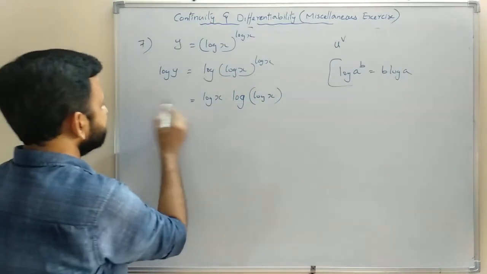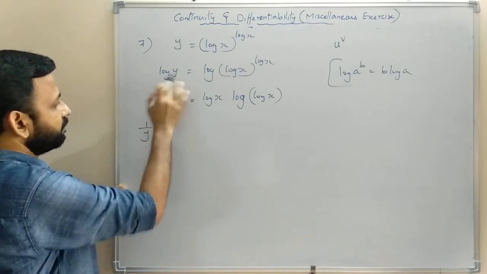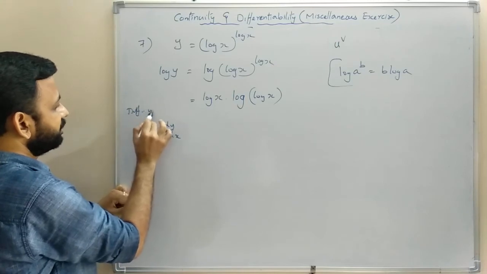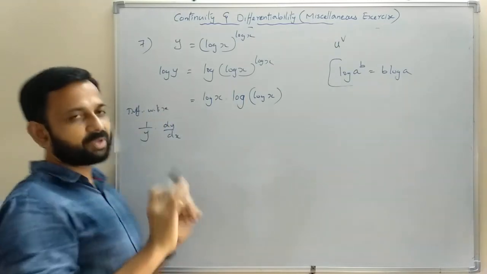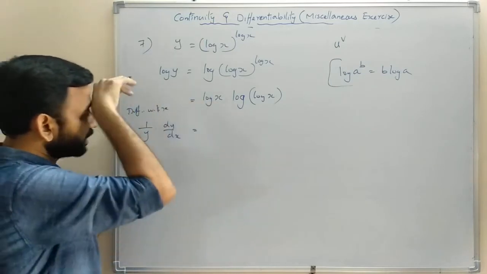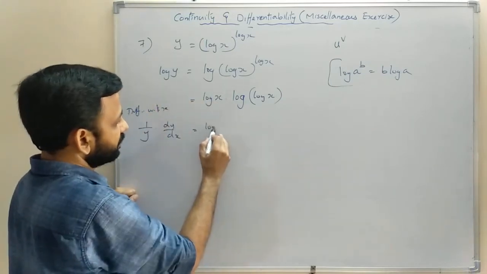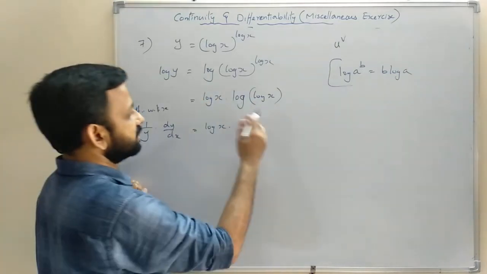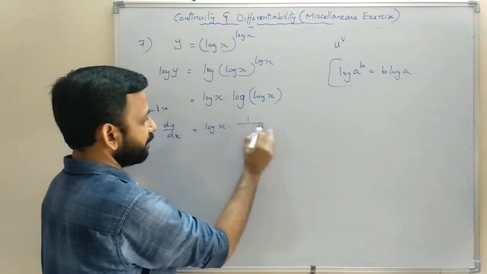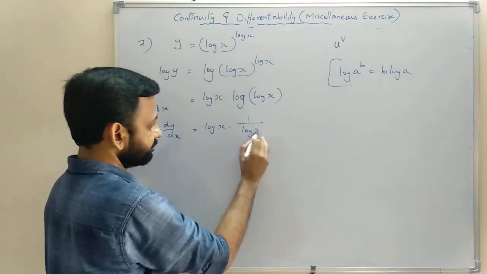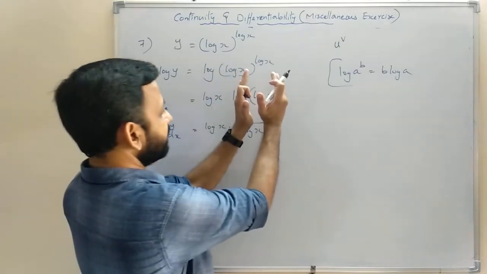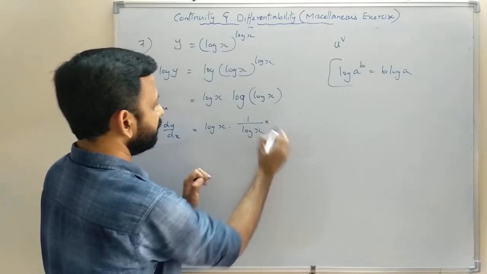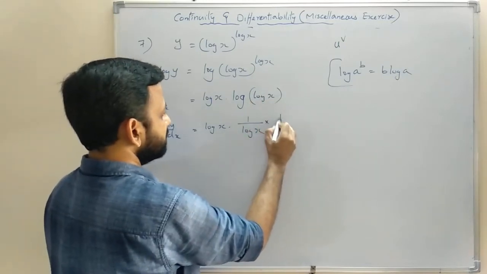Now we can differentiate this one. 1 upon y, the derivative of log y, is 1 upon y into dy by dx. Differentiate with respect to x. Then we have to apply the product rule here. The first function is log x, into the derivative of the second, the derivative of log of log x. The derivative of log something is 1 by that expression inside the bracket, so 1 by log x into the chain rule, the derivative of log x, that is 1 by x.